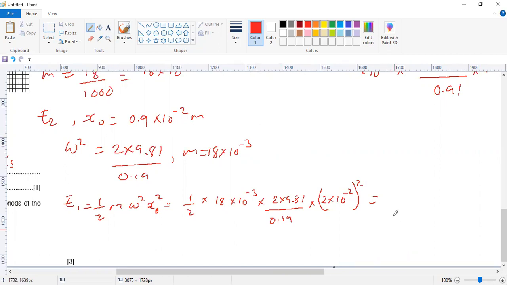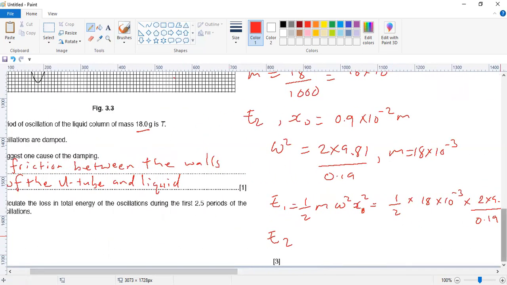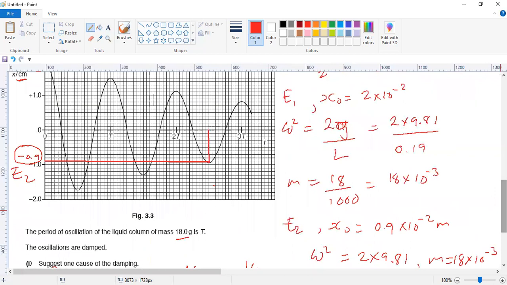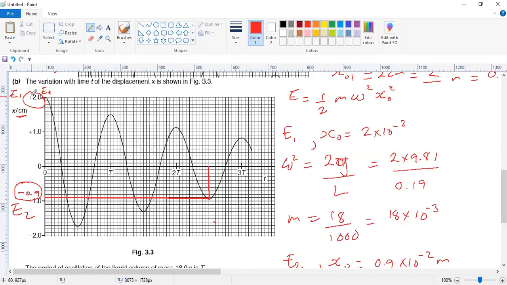This should give us 3.71 times 10 to the minus 4 joules. All right. Now let's go on to calculate E2, which is the energy here. So E1 is the energy there. That's why we're using 2 centimeters. So for the energy here, we use minus 0.9.